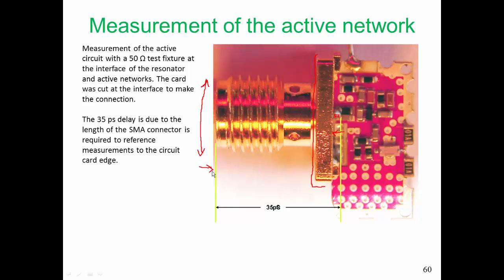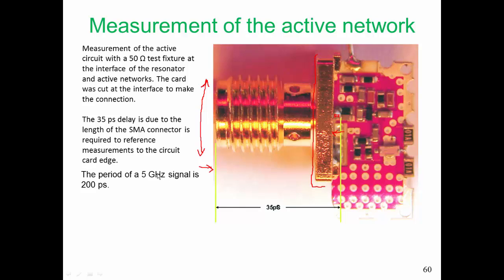So the 35 picosecond delay is due to the length of the SMA connector, and it is required, of course, to reference the measurements of the active network card to the vector network analyzer we're going to use. There are cables from our vector network analyzer. We will calibrate fairly precisely to the ends of those cables, and then those cables are going to be connected to the SMA connector.